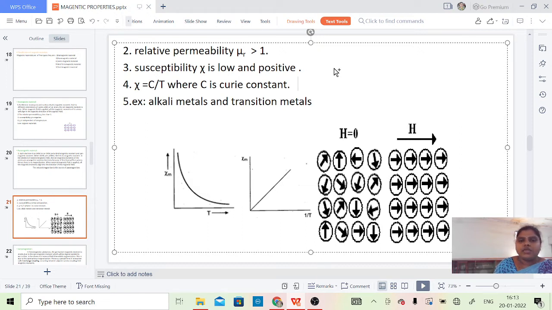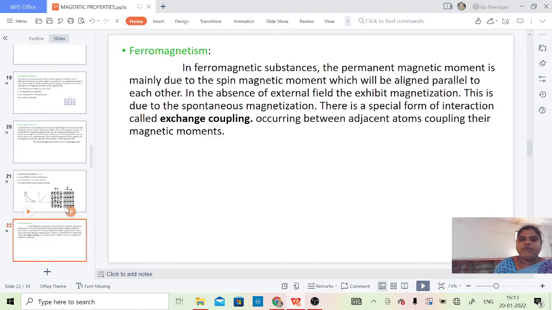Examples of paramagnetic materials are alkali metals and transition metals. Next, let us see ferromagnetism. What is ferromagnetism and what are the ferromagnetic material properties? In ferromagnetic substances, the permanent magnetic moment is mainly due to the spin magnetic moment, which is aligned parallel to each other.